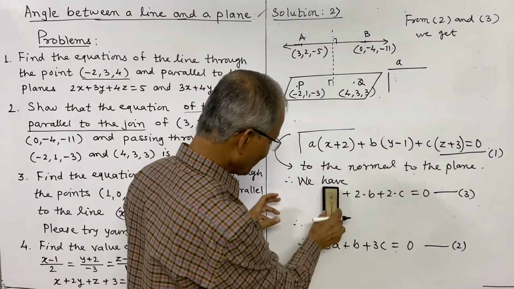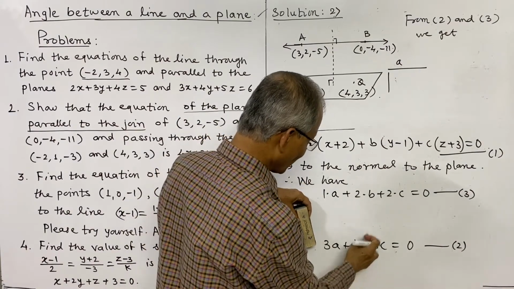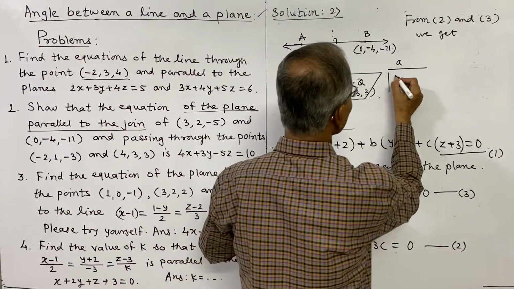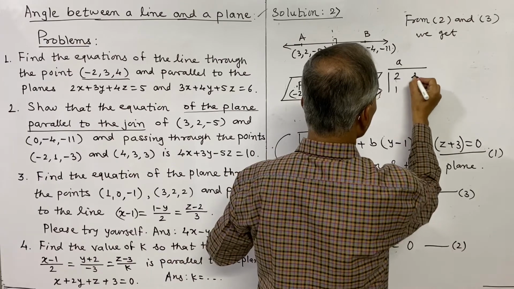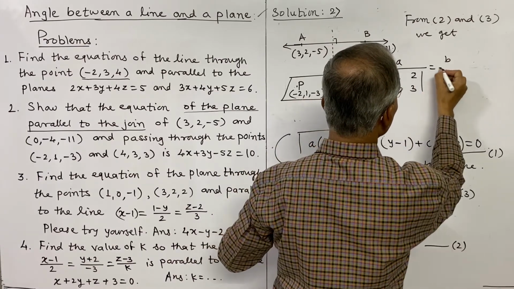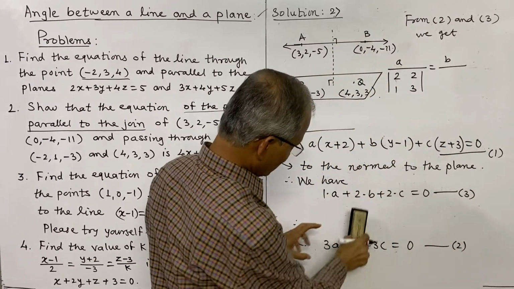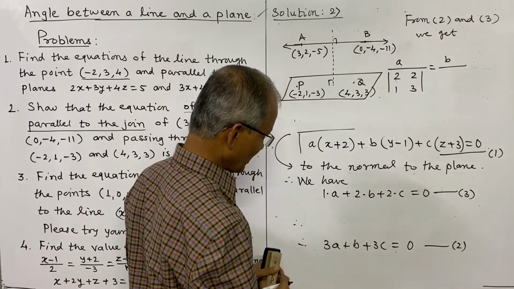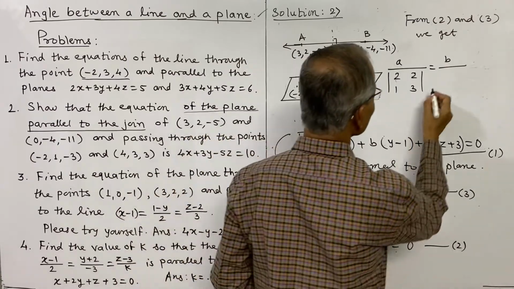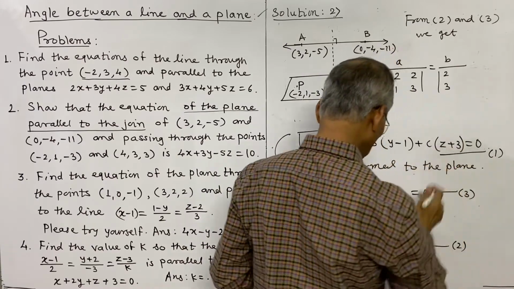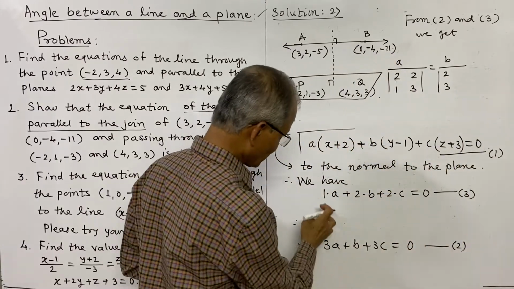So a divided by, if you hide this, then it will be 2, 1, 2, 3, and b, the second term is to be hidden, and 2, 3, 2, 3, this column first, 1, 3.